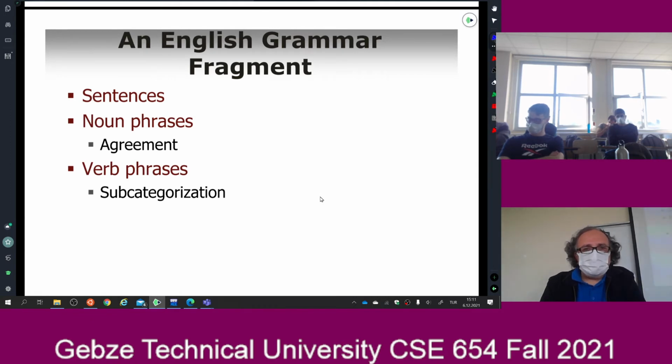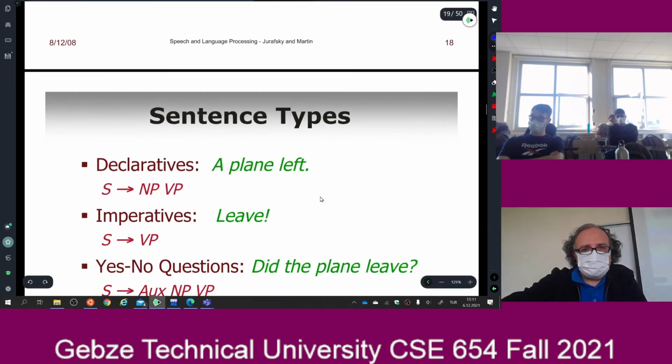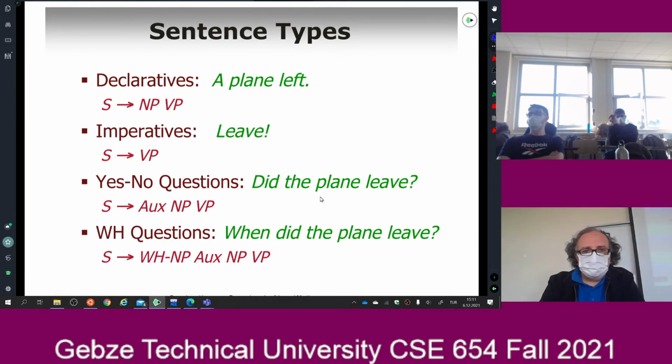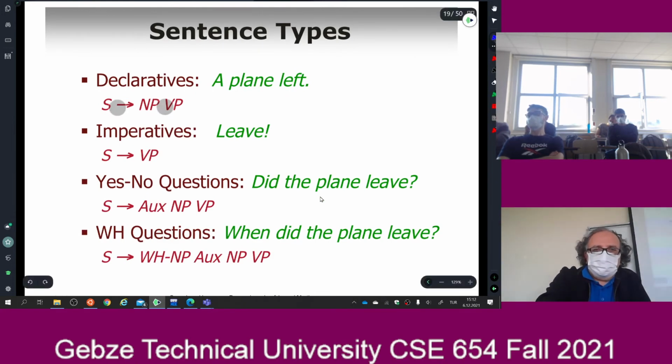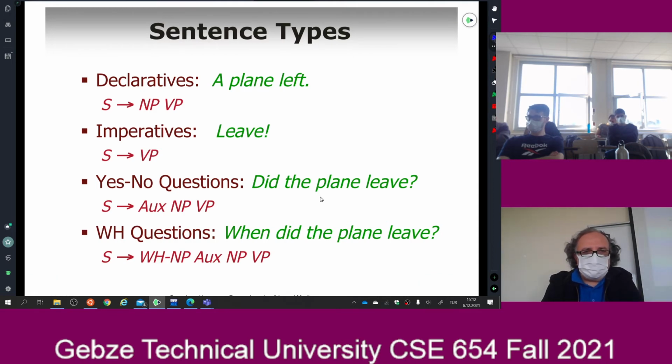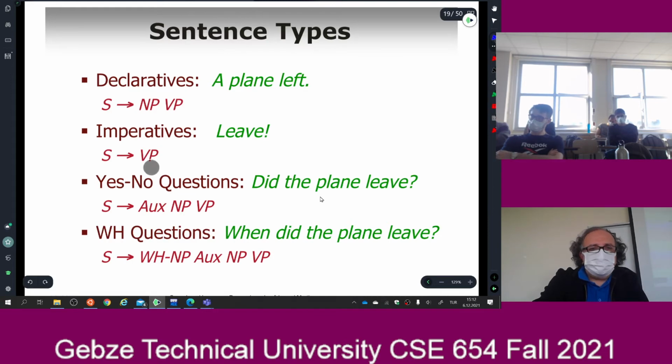So we looked at that L0, and we are going to look at some other examples of grammar and sentences. This is a different grammar now. These are all different expansions for the start symbol sentence: noun phrase, verb phrase, "a plane left." These are imperatives, just "leave." These types of sentences don't have a noun phrase at the beginning.